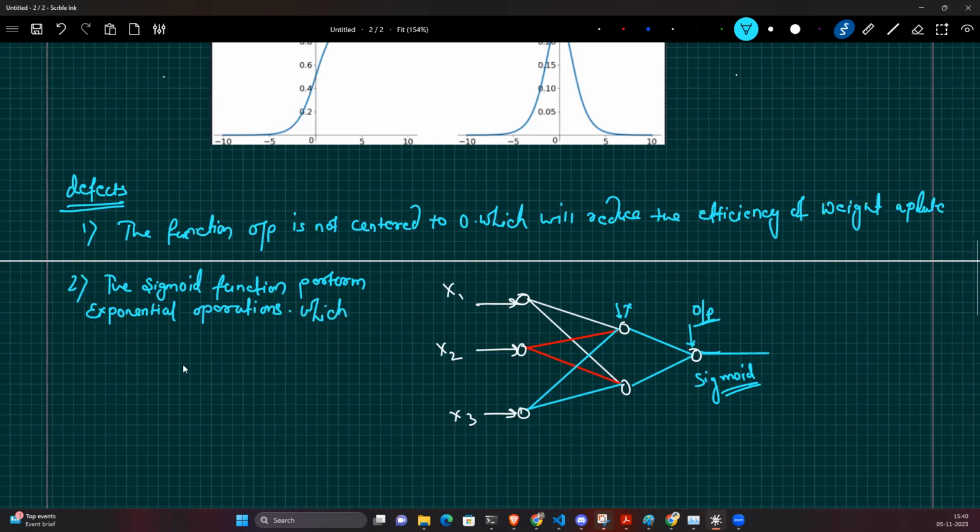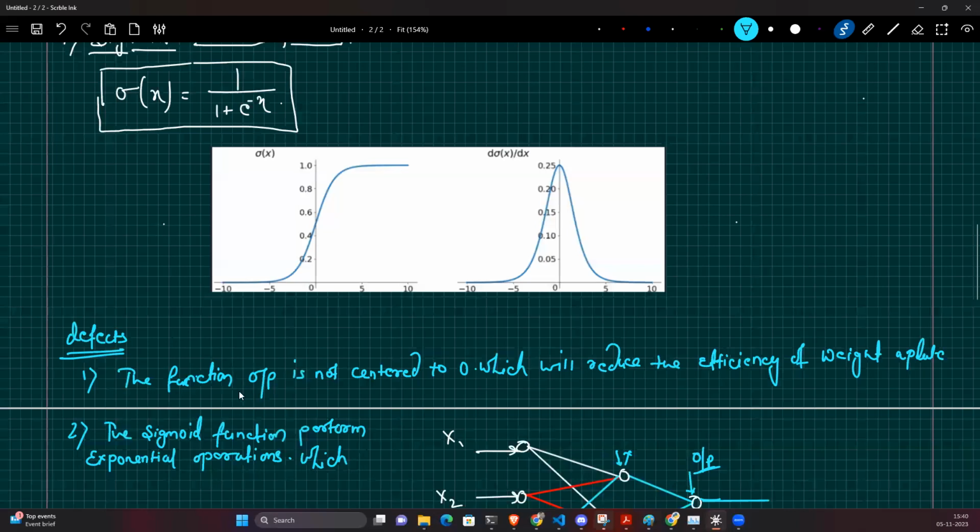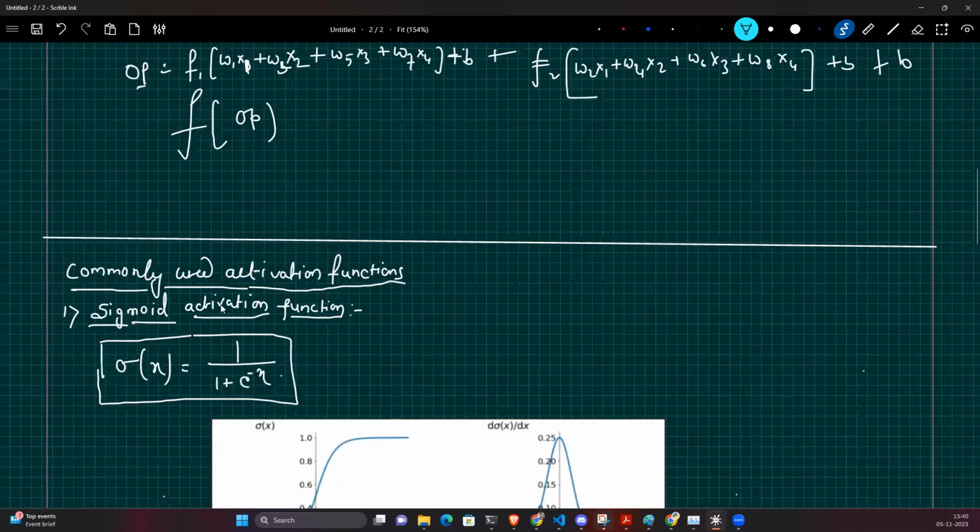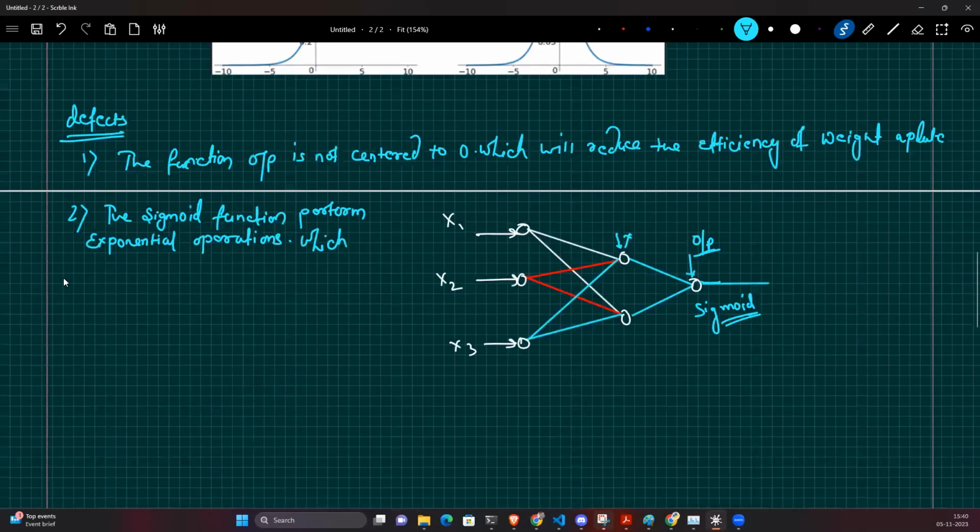So if you consider this function, you can see the e power part, which is slower for computers. Okay, very good. So these are the major disadvantages of the sigmoid activation function.